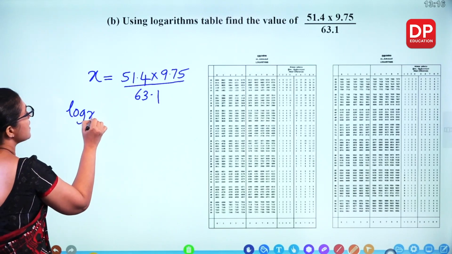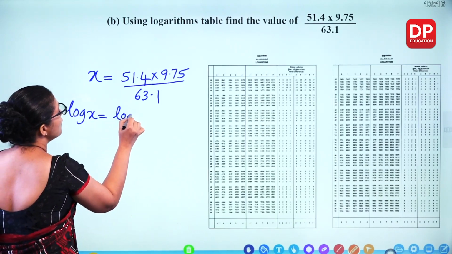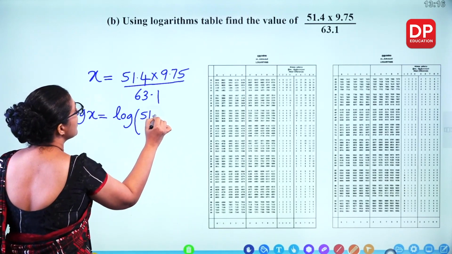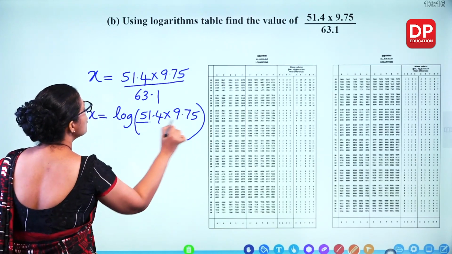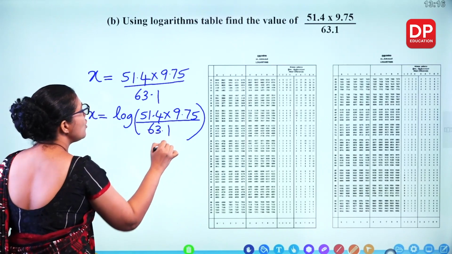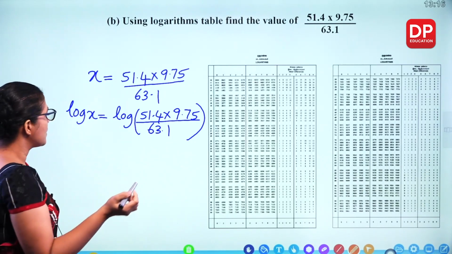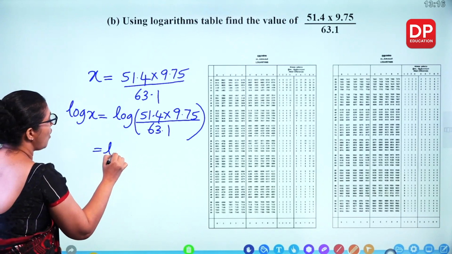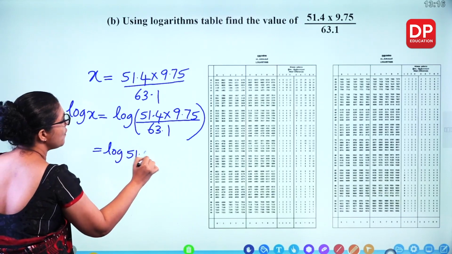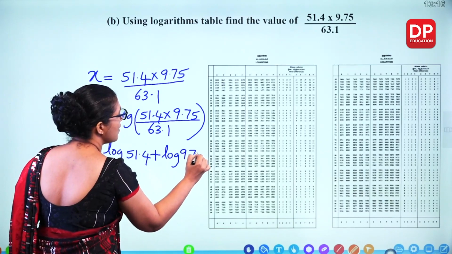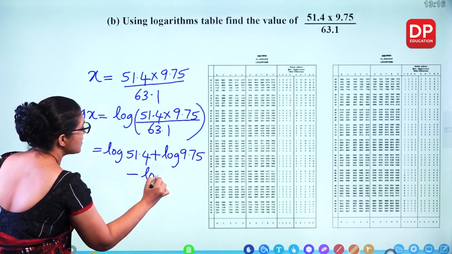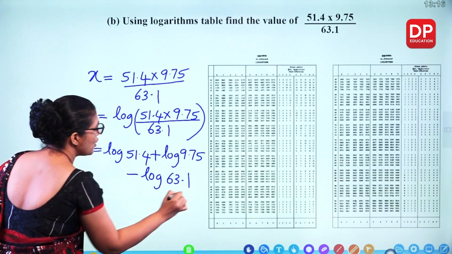Log of x equals log of this. Multiplication becomes addition and division becomes subtraction when you take the logarithms. So you can write log of 51.4 plus log of 9.75 minus logarithm of 63.1.